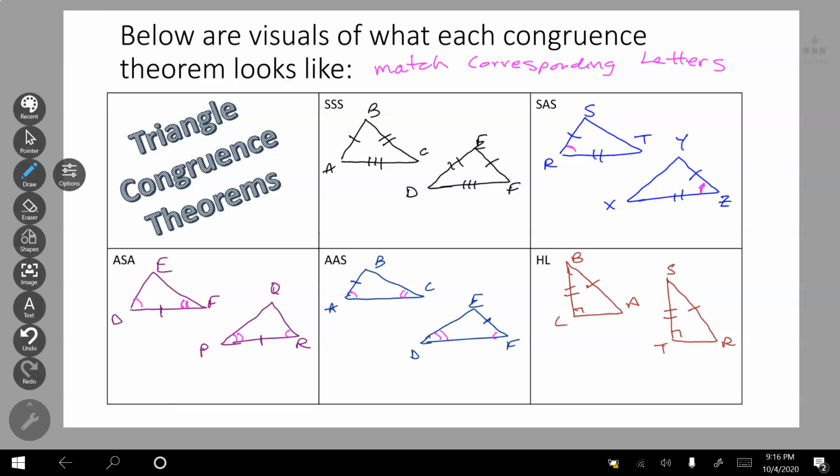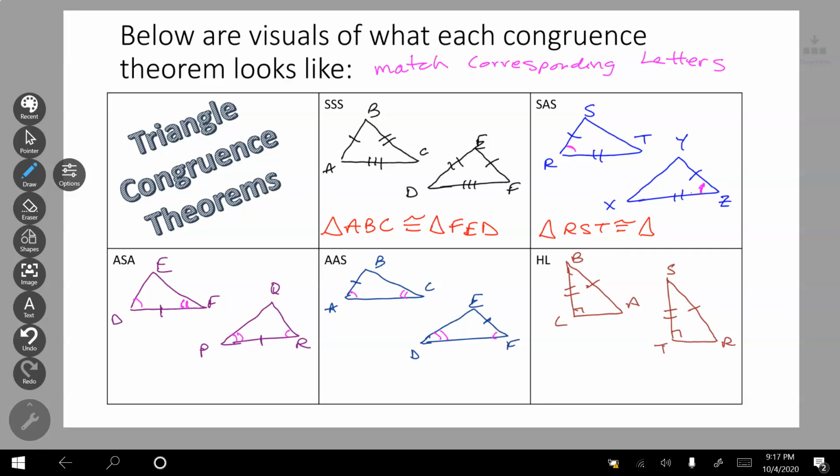So I'm going to do triangle ABC is congruent. Well, the side AB matches the side FE over here, so triangle FED. The second triangle, I'm going to do triangle RST is congruent to the triangle.